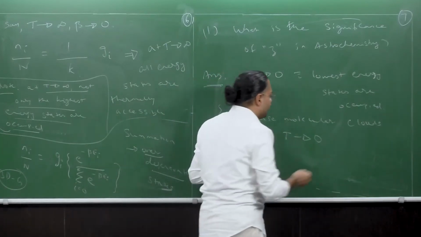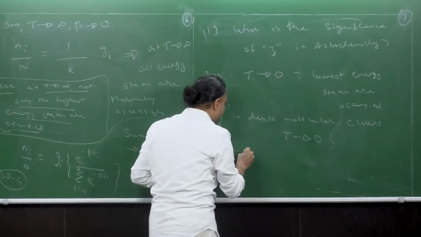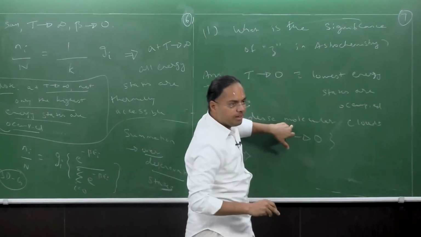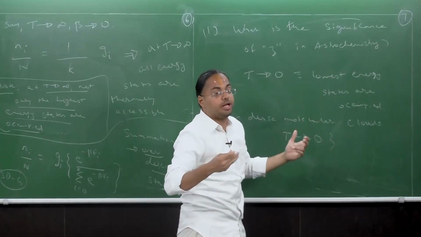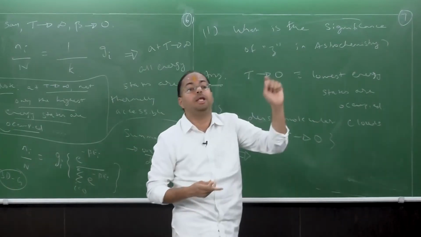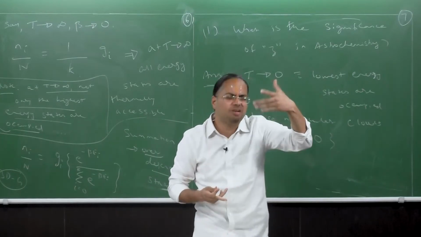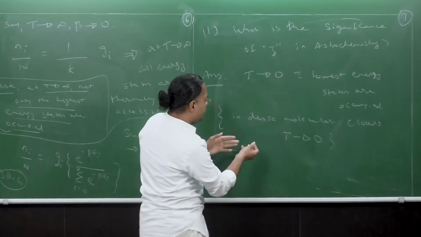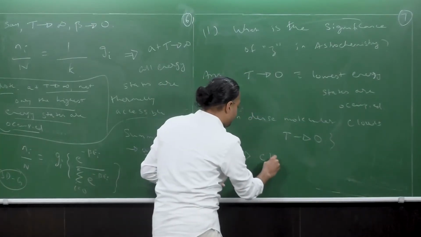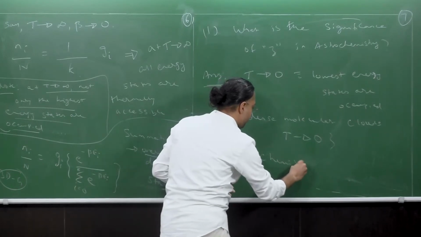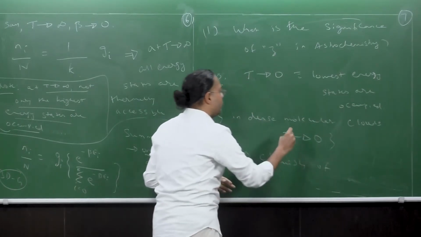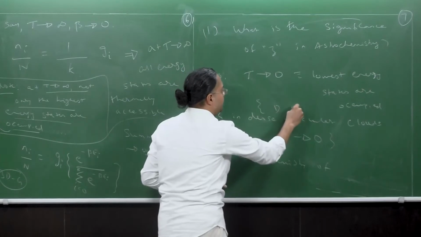So T tends to 0, which implies that in such cases, the chemistry of the molecular clouds, the dense molecular clouds, is dominated by molecular rotations and some vibrational states. Okay, dense molecular clouds, I'm just going to call them DMC.